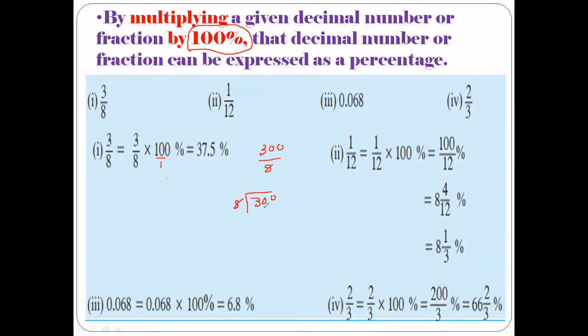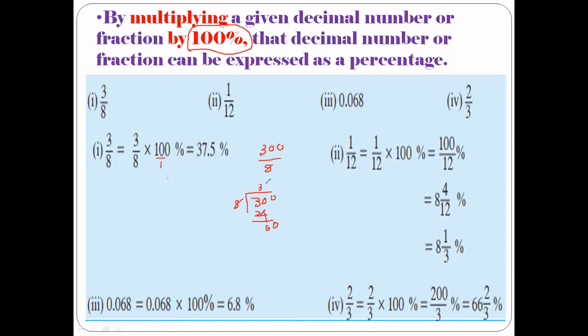8 into 3, 24. 30 minus 24, 6. 0. This 0 can be written in this place.